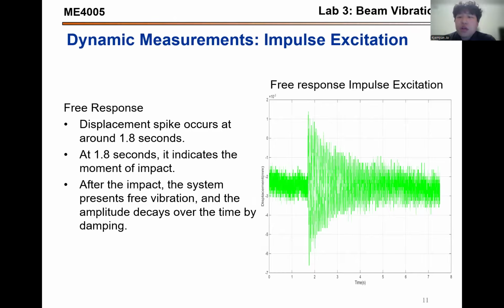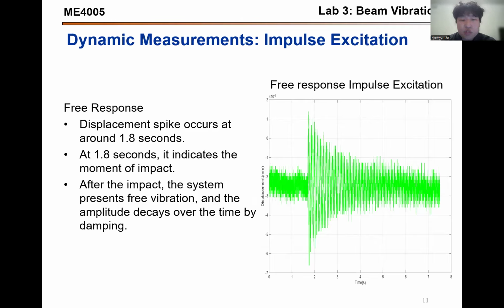Then we wanted to find out whether it works with different conditions. So now we put the beam like this, and we drop a 25 cent coin from around 4.4 to 6 inches of height. You can see the displacement spike occurs around 1.8 seconds.